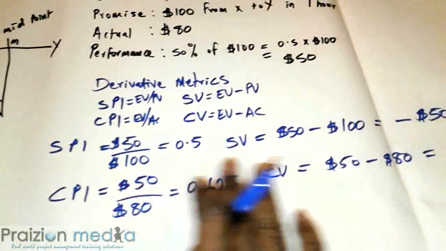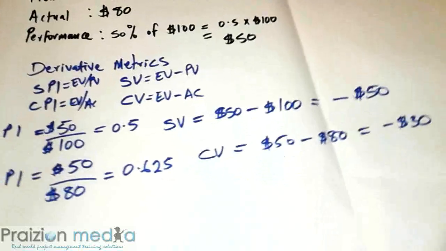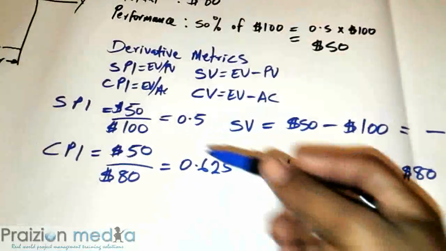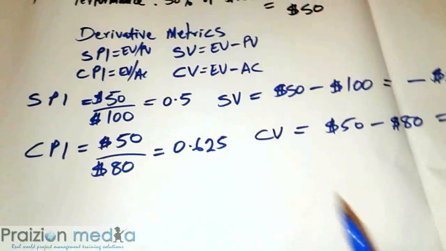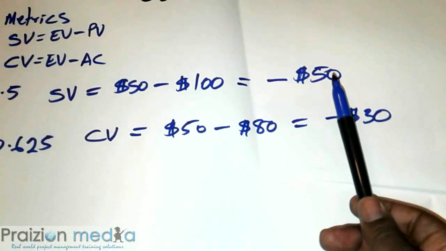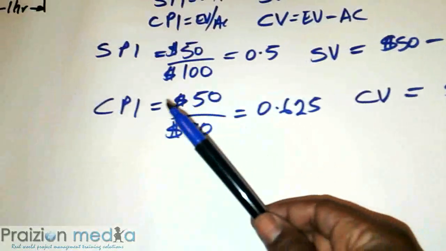So we can see from this very simple illustration that we have the 4 derivative metrics. Schedule performance index, which tells us we're 50% efficient schedule-wise, $50 behind schedule, $50 behind where we should have been.